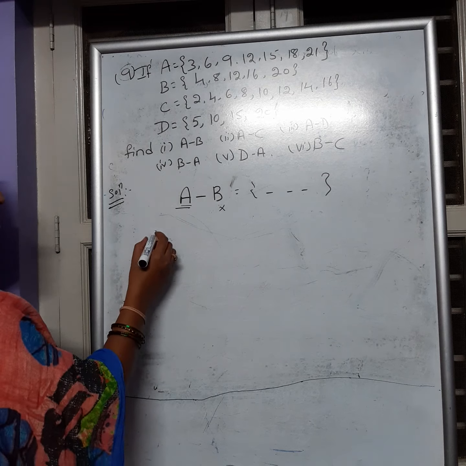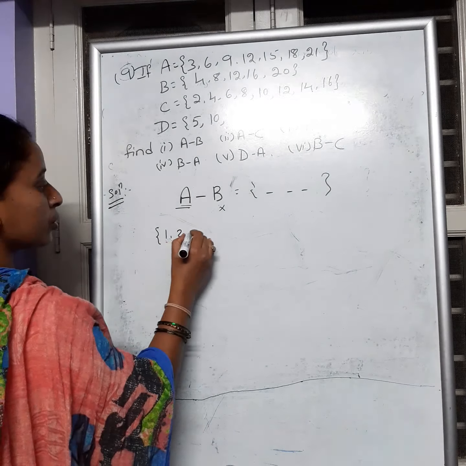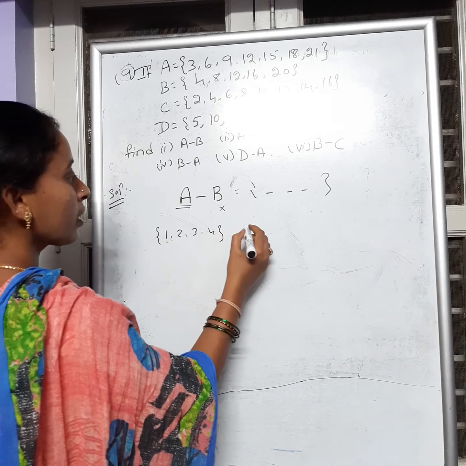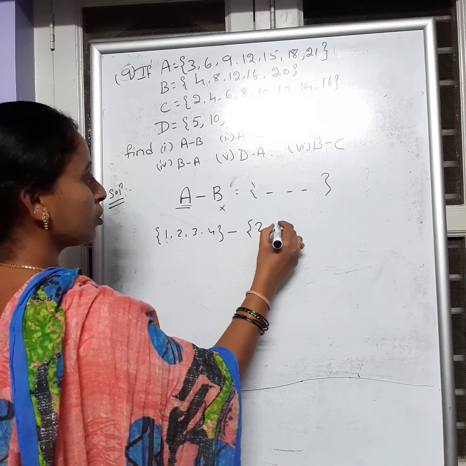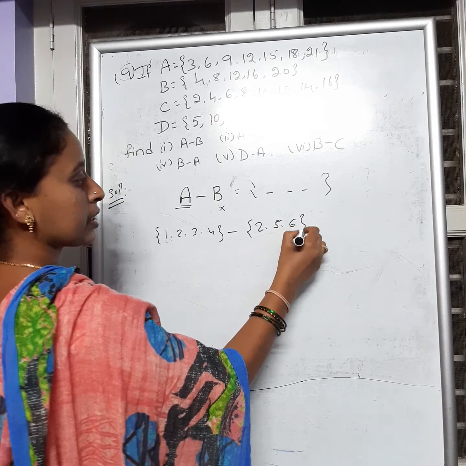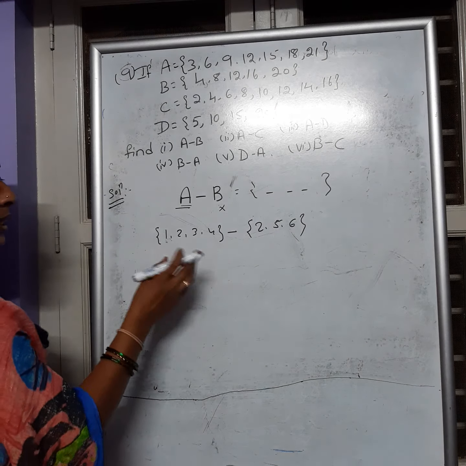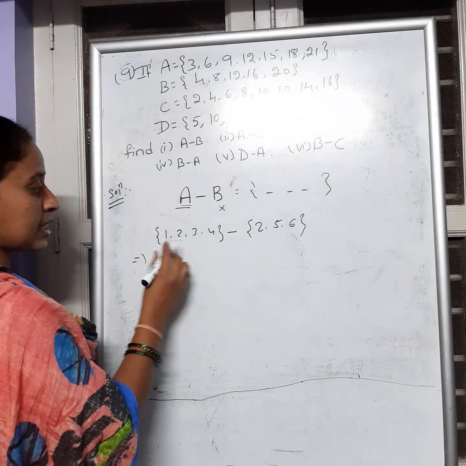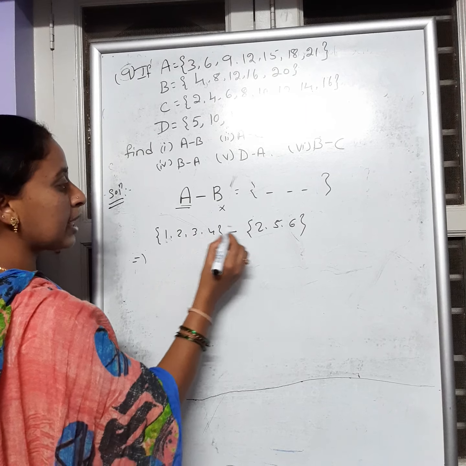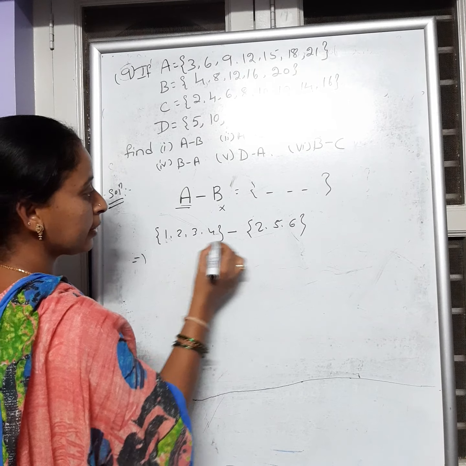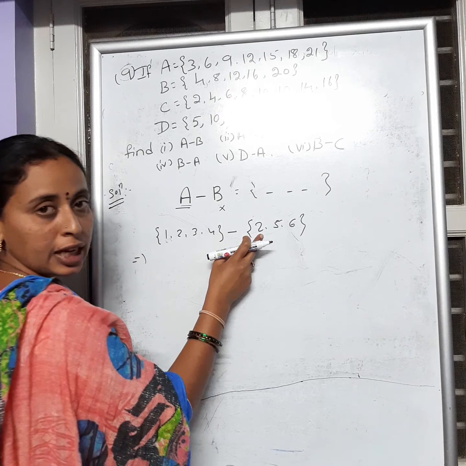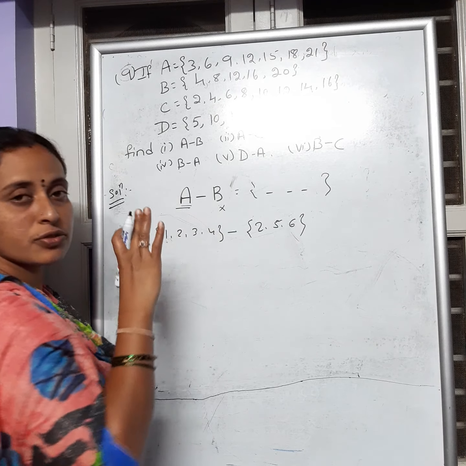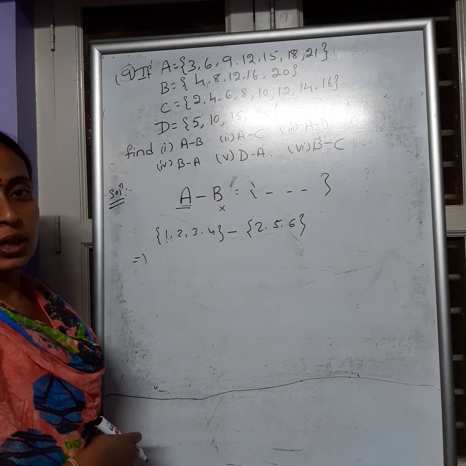How is that? Let's see. Suppose I have set A as 1, 2, 3, 4 and minus set B, I will take 2, 5, 6. Minus means, to take the difference of these sets, which are the common elements? What elements are there in set B also? Those elements we remove.